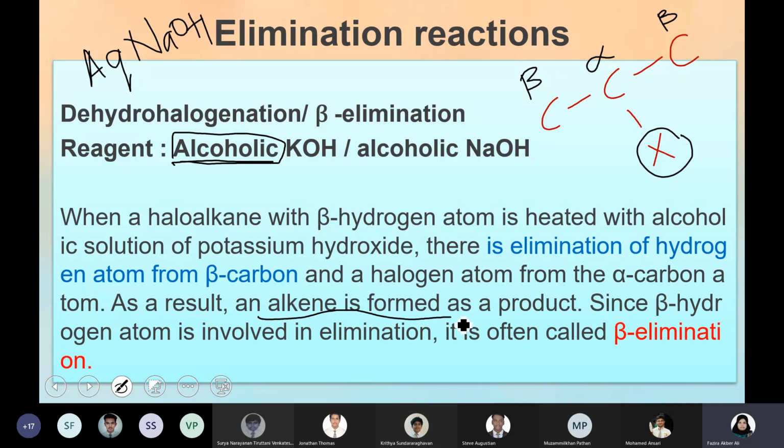You get an alkene as the product. Since the hydrogen is removed from the beta position, the mechanism is known as beta elimination. Am I clear? Any doubt in this?